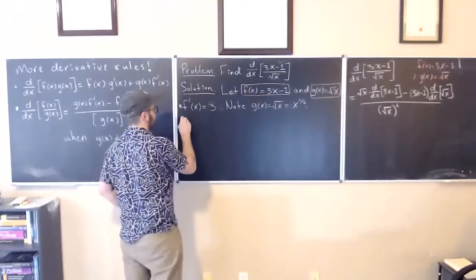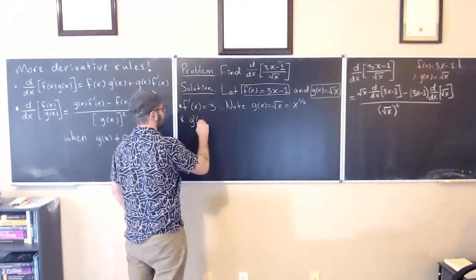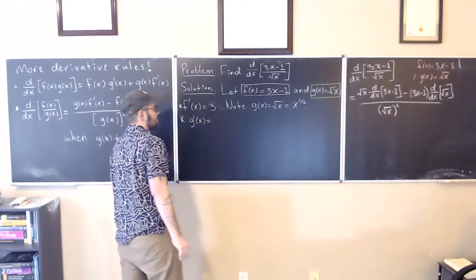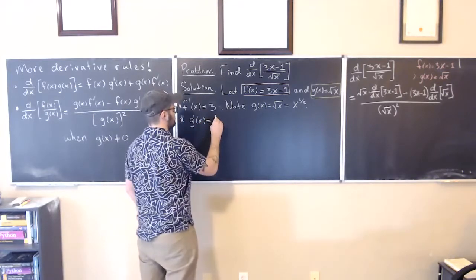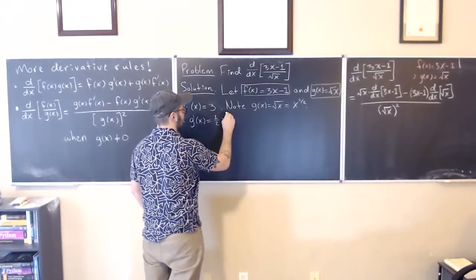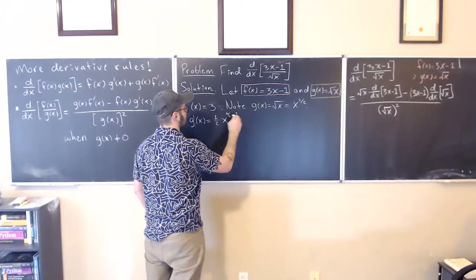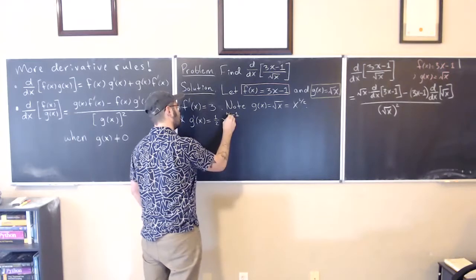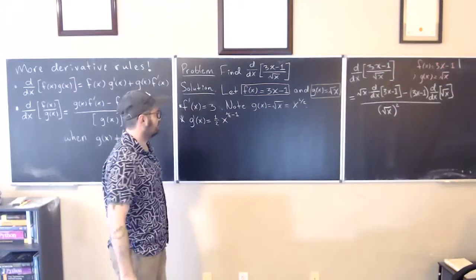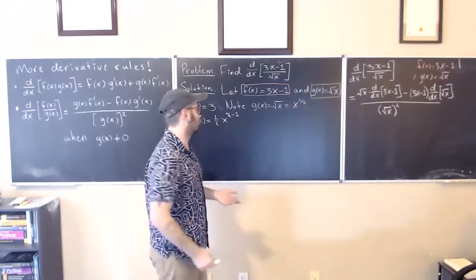So g prime of x is equal to 1/2 times x to the power 1/2 minus 1. I just multiplied by the exponent and then decreased the exponent by 1.